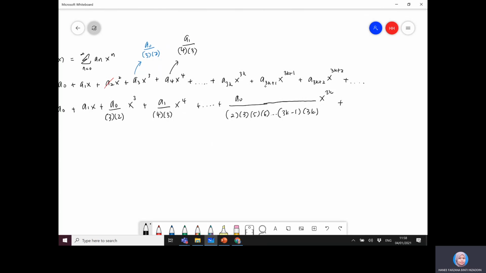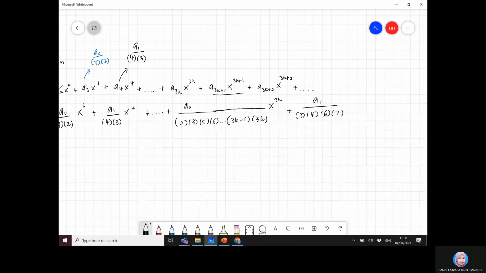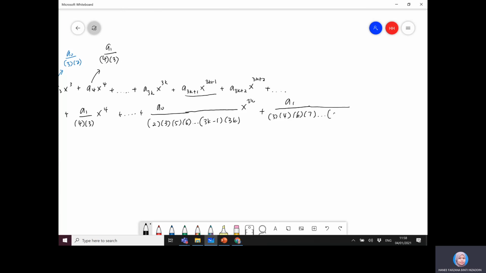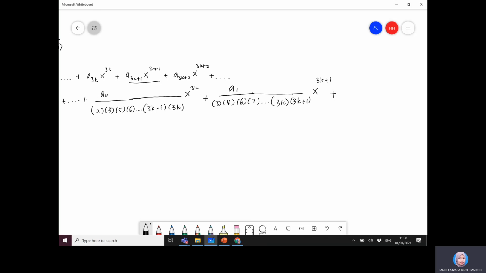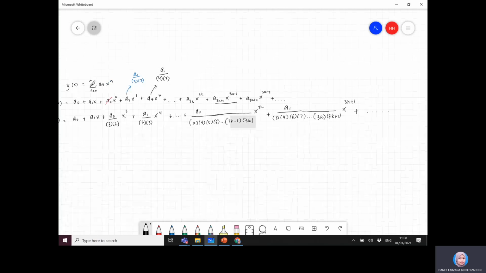Plus, for a sub 3k plus 1, in terms of a1, you have 3, 4, 6, 7, and so on until 3k times 3k plus 1, times x to the power of 3k plus 1. Plus then 0, right? The a sub 3k plus 2 is 0, so just stop here for now, and then plus and so on until infinity. So you see the pattern.